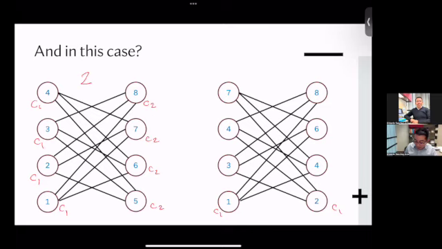When I move there, I can try to use color 1, but since 3 is connected with 2, I cannot use that color. So I will have to use color 2. Then I move to 4. 4 is connected with 1, so I cannot use color 1. And it is not connected with 3, so I can use color 2.